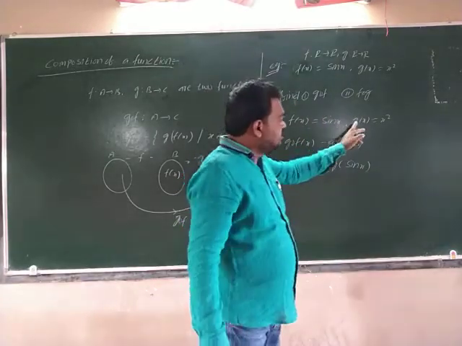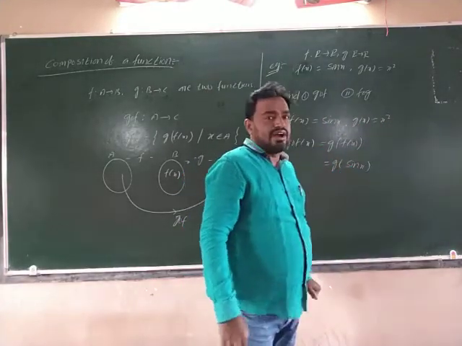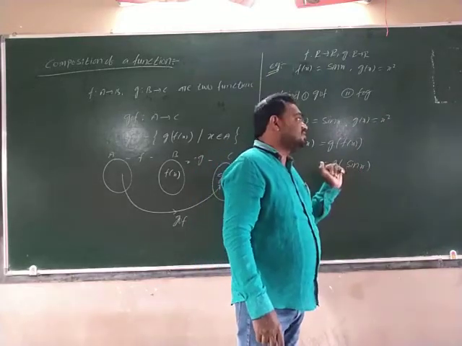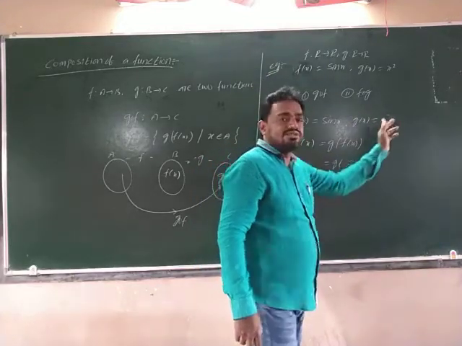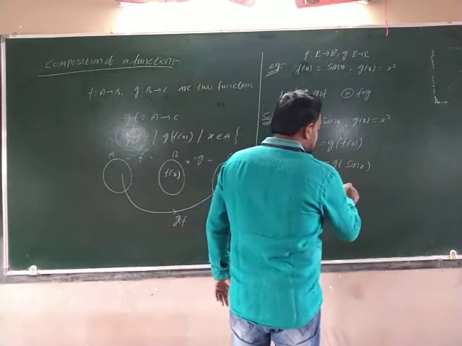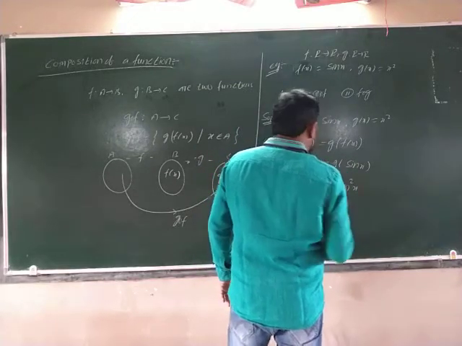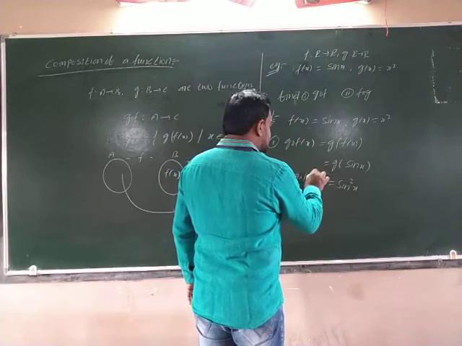You see here, g of x is x square, so g of sin x is, in place of x, sin x, so sin x whole square, nothing but sin square x. This is g circle f of x.